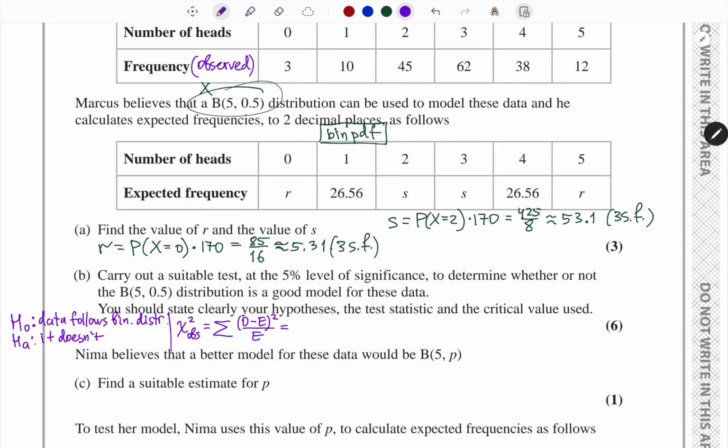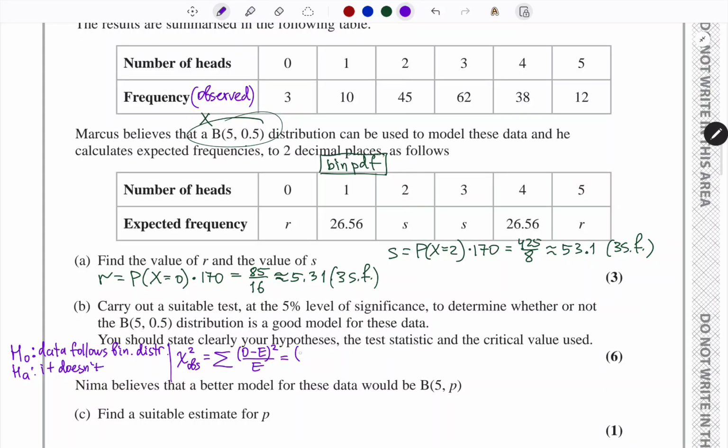I can give an example. Observed frequency is 3, here for the first entry in the table, minus expected, which is 531, squared, divided by expected 531. And we continue in the same manner for all the rest.